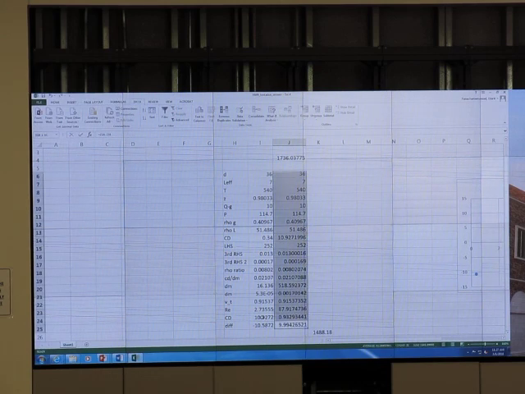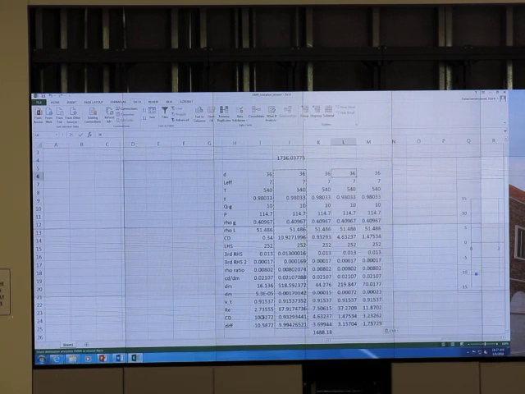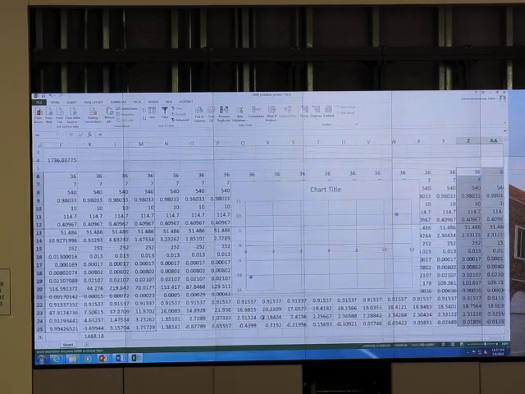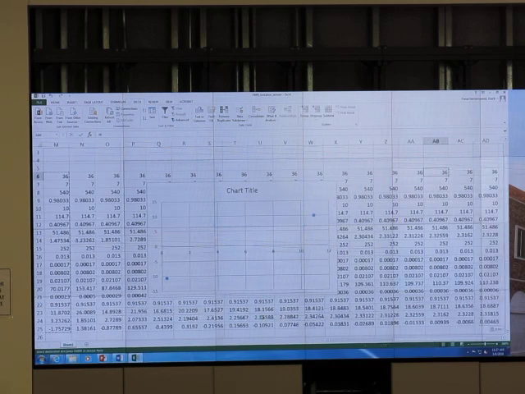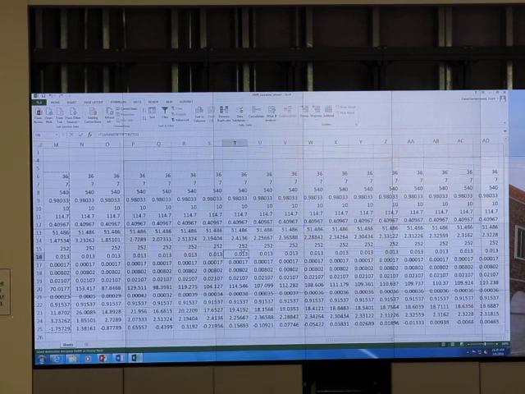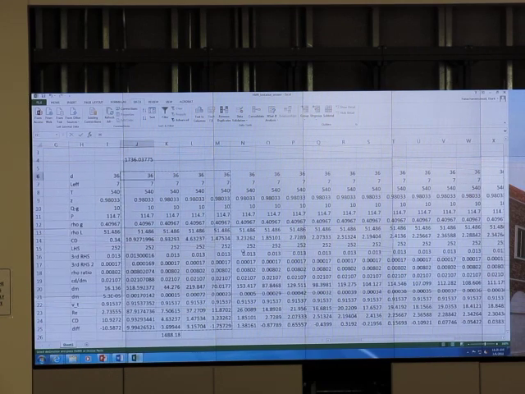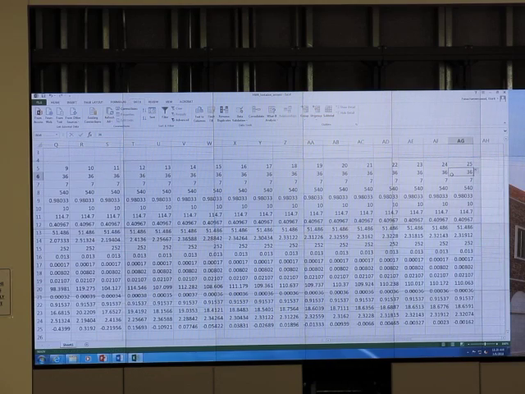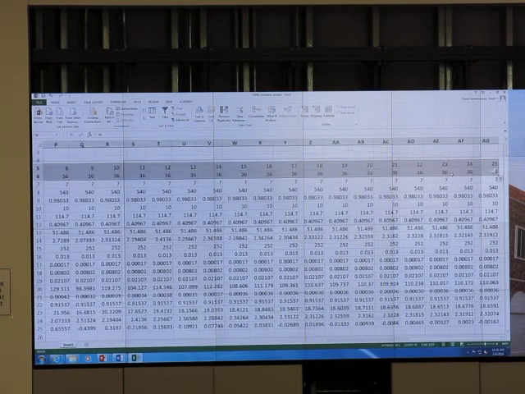Then number of iteration, 1, go to that, plus 1. How many times do you think you have to iterate if you don't like Goal Seek? It's many times.